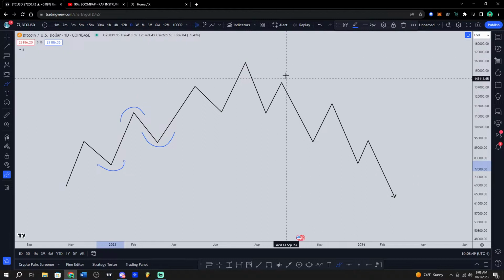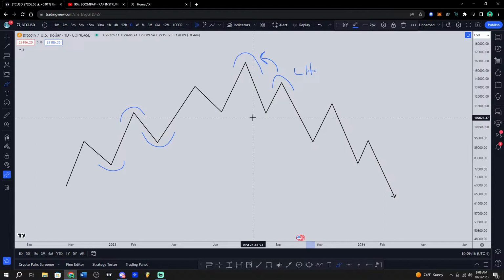Now we switch over to lower highs. A lower high is formed when the most recent peak is lower than the previous peak. So this one is lower than this one, which creates a lower high.